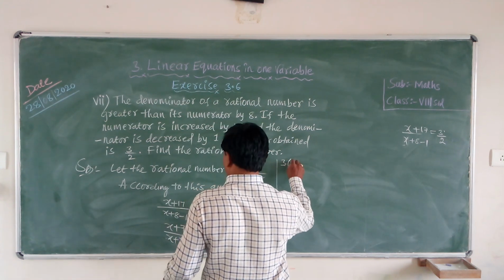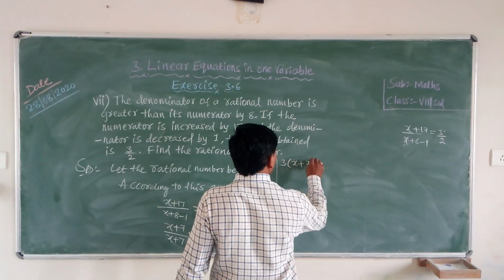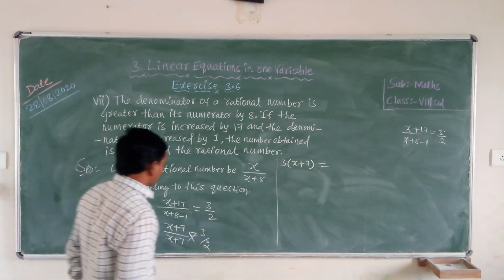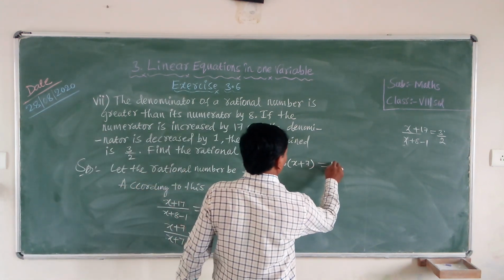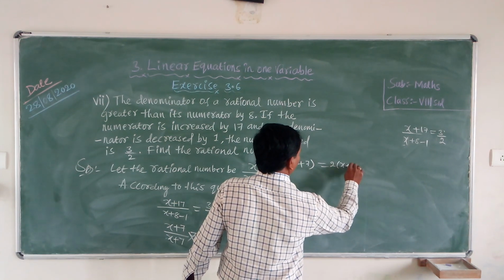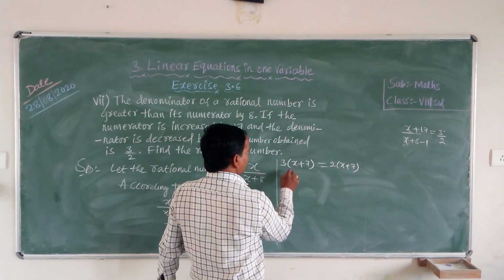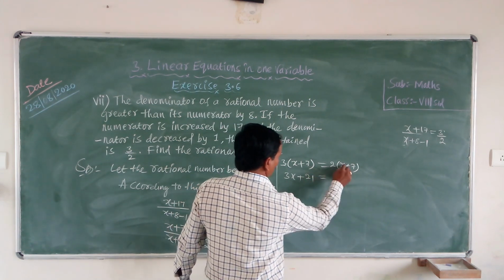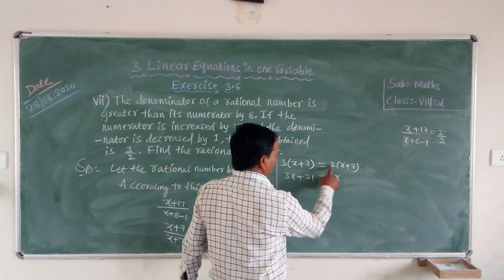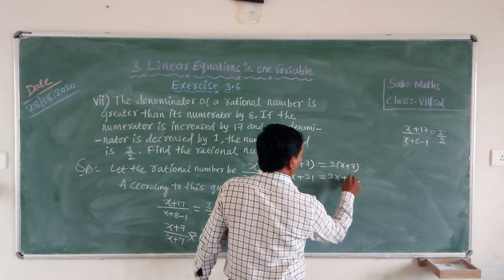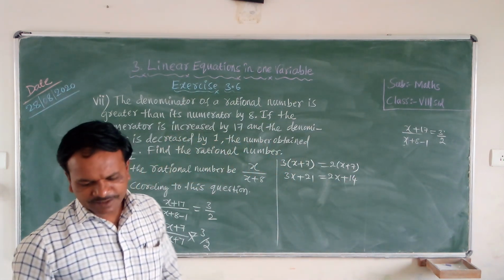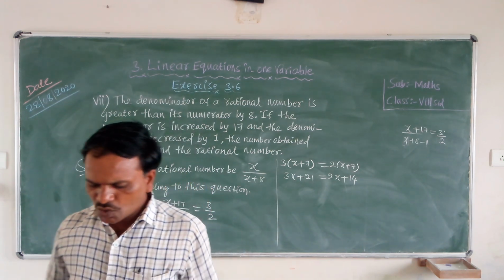3 into the bracket x plus 17 is equal to 2 into the bracket x plus 7. So 3 into x, 3x, plus 3 times 17 is 51, is equal to 2 into x, 2x, plus 2 times 7 is 14.